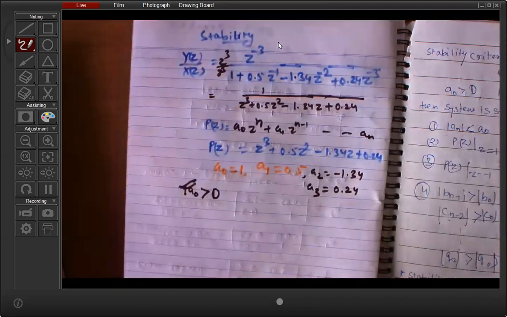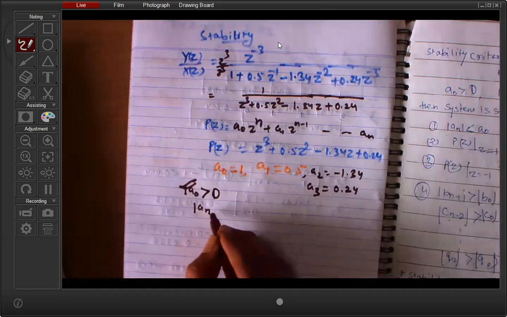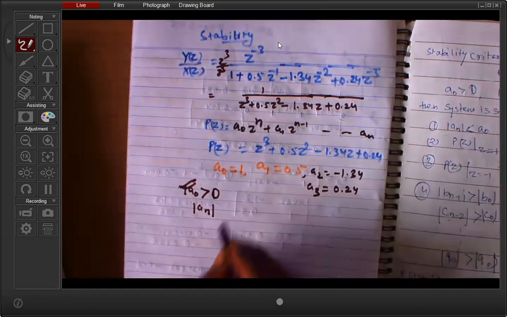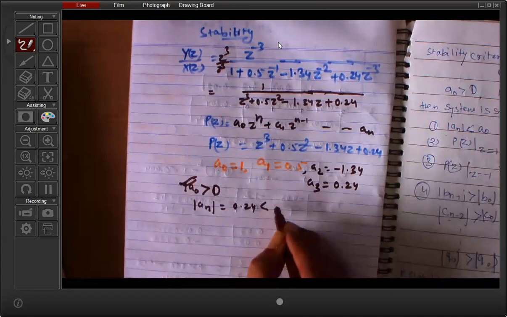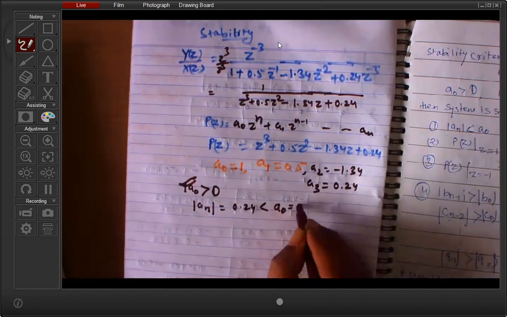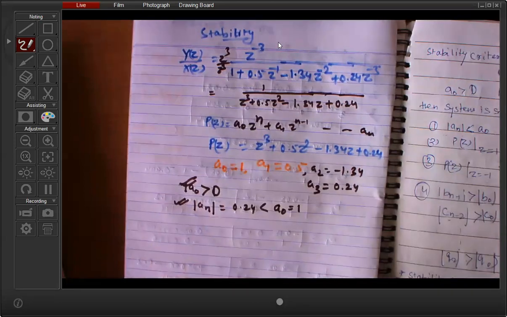Second condition of the Jury stability test: mod an is less than a0. What is the magnitude of an? 0.24. It is less than a naught, yes, sir, because the magnitude of a naught is equal to 1. So the second condition is satisfied.